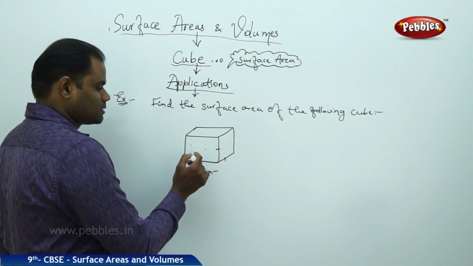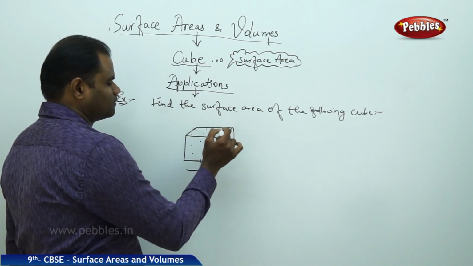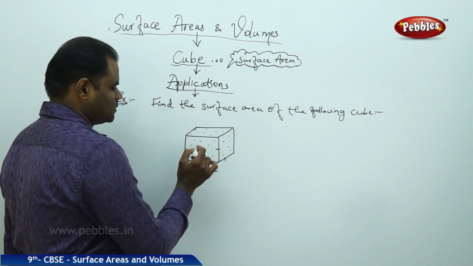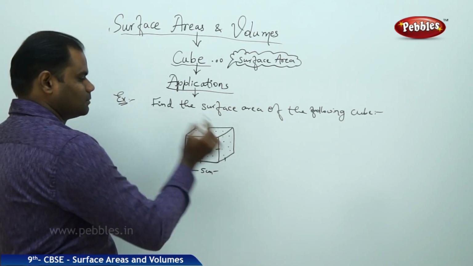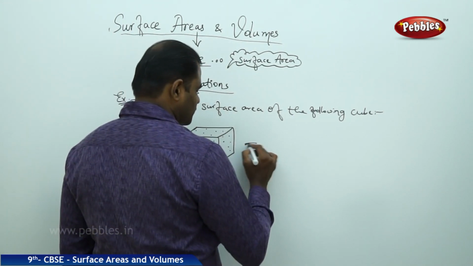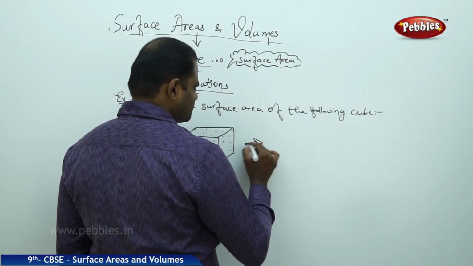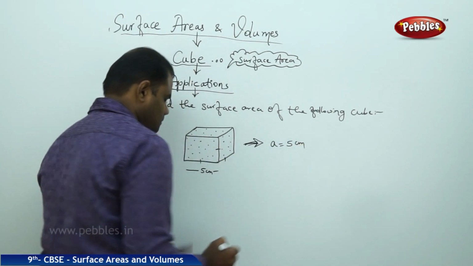So surface area of the cube. How do we find the surface area of this cube? We have the formula directly, where first I identify that my a is 5 centimeters.